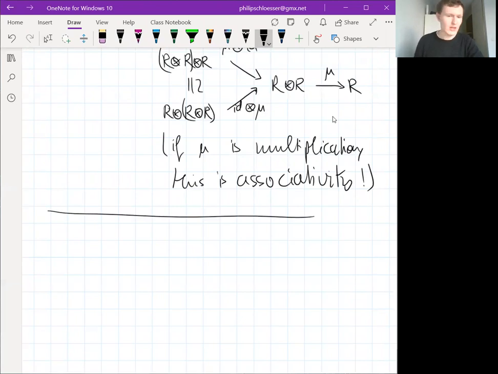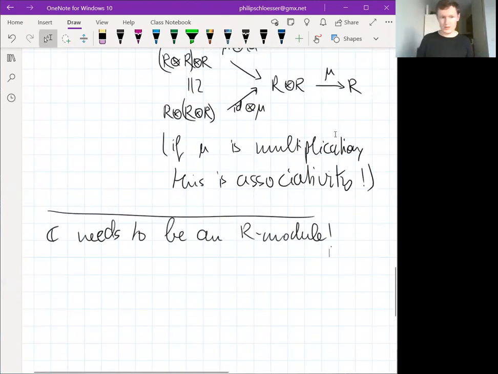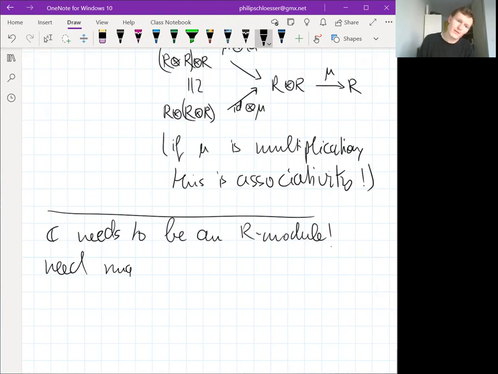And that means we need to have some kind of R module structure on C. C needs to be an R module. And how do we achieve that? Well, the easiest way, especially because C is also a subset of R, is to have a ring homomorphism. So we also need a ring homomorphism epsilon from R to C.